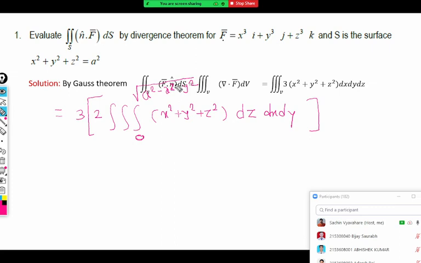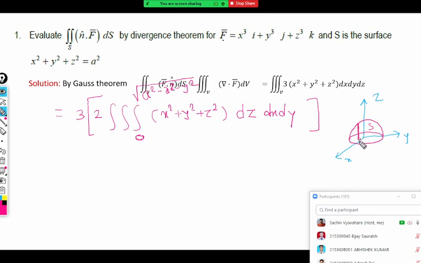I hope everyone got this step. Does anyone have a problem getting the limit of z here? No, sir. Okay, I will draw a rough diagram for those who have not understood. This is x, y, and z, and in this case we have taken only the upper part of the sphere, and because of that we have written 2 times.